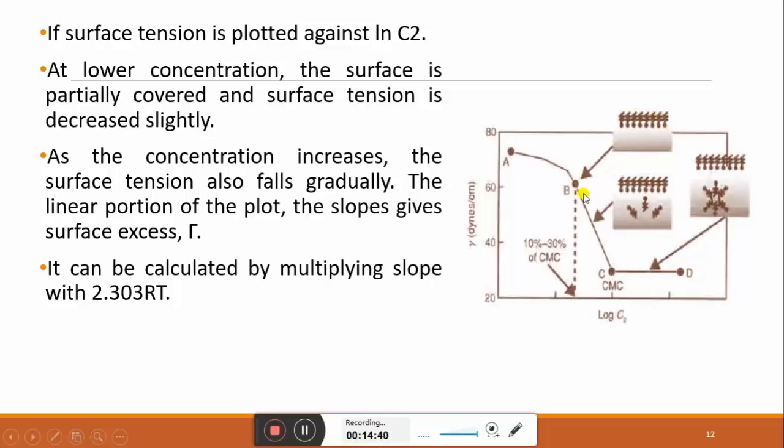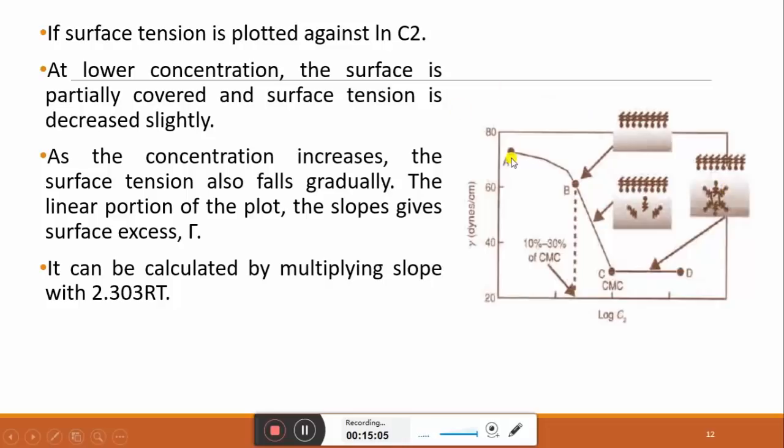Now as the concentration of surfactant increases, the surfactant goes into the bulk. And at this point, there is no change in surface tension because the surfactant will start producing micelles. What are micelles? Micelles are aggregations of surfactant molecules.